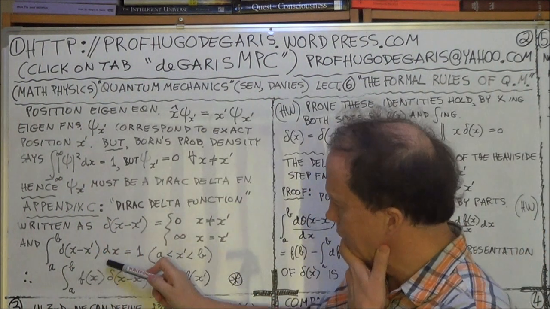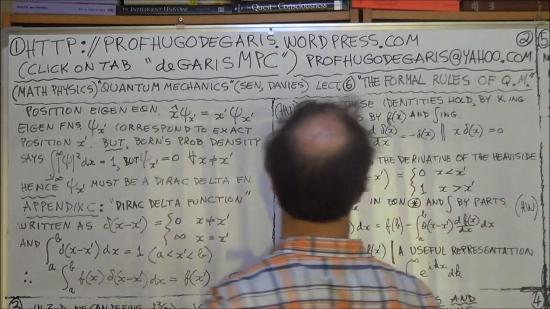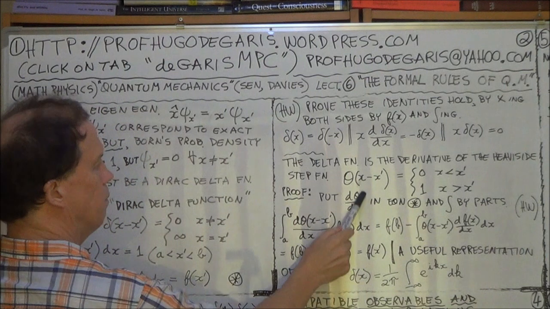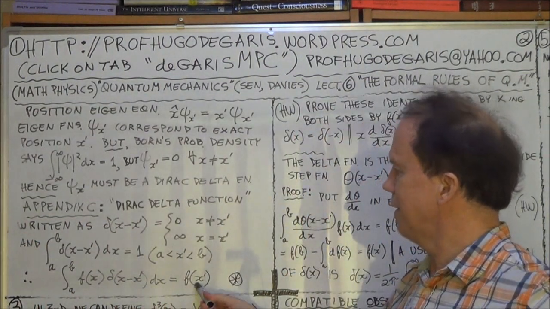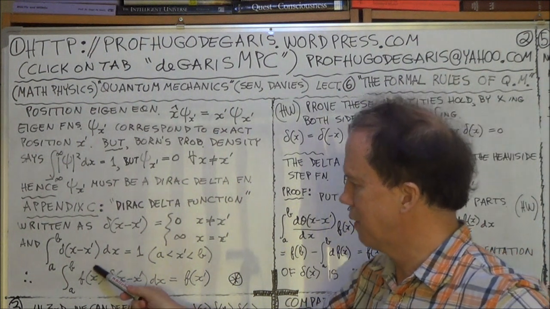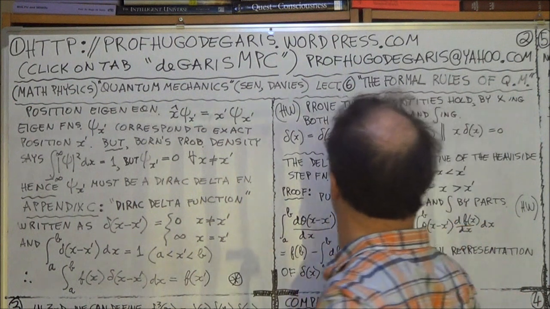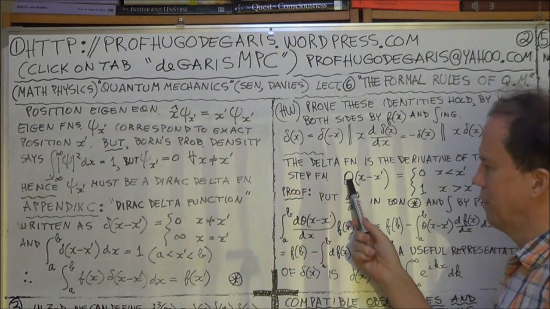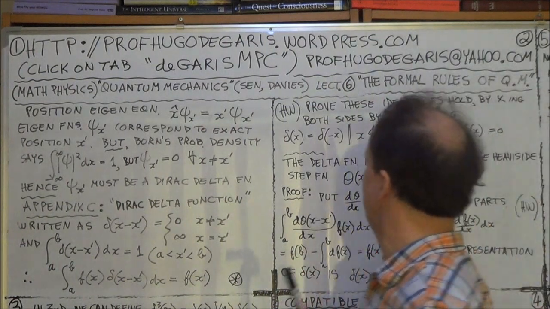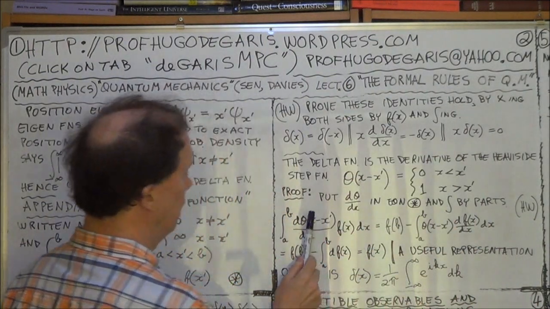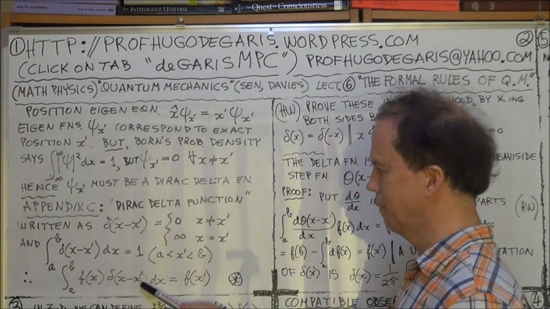Okay, so for f of x here, substitute this d theta by dx. Okay, and if you get this, then that means that if you differentiate theta here, the Heaviside function, and it gives you that, well, that means that this d theta dx must be equal to this.